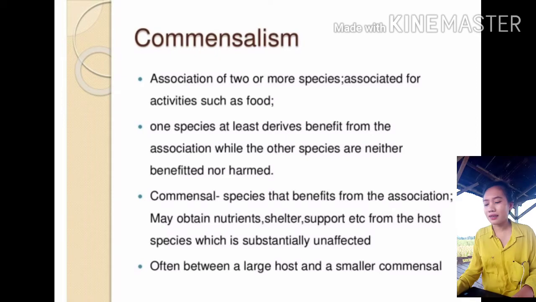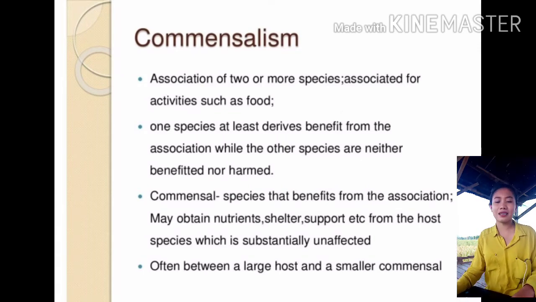It can be that one species benefits from the other, while the other species does not benefit from it, nor is it harmed. That is commensalism. So in commensalism, we have two factors, the commensal and the host. The commensal is the species that benefits from the association.